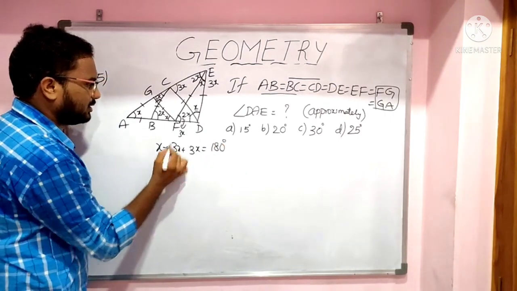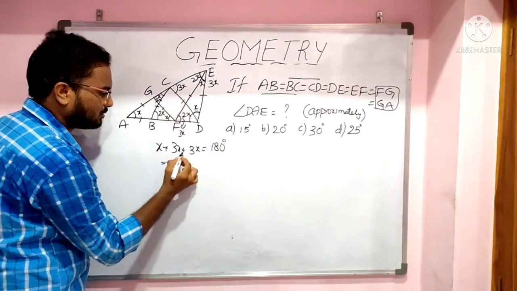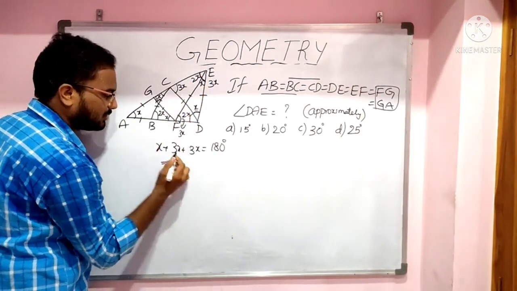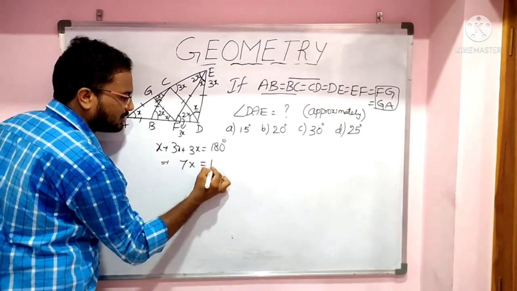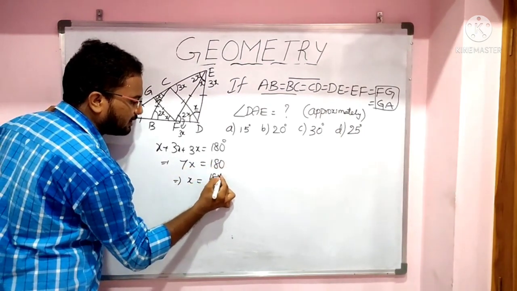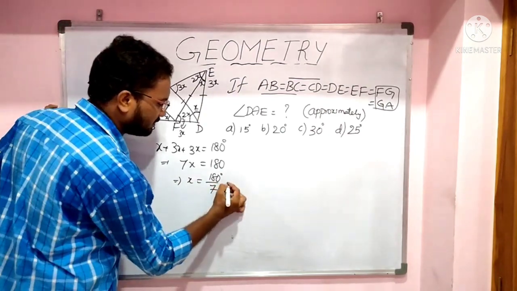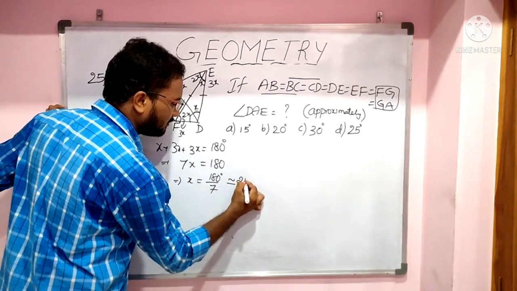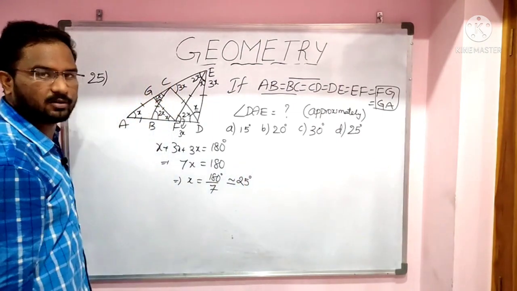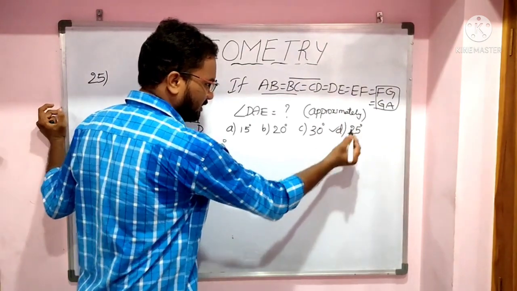Total 3x plus 3x is 6x plus x, 7x. 7x equal to 180 degrees. So x will be 180 by 7, approximately 25 degrees. So answer 25 degrees.